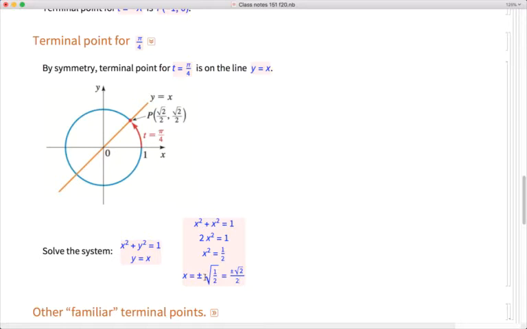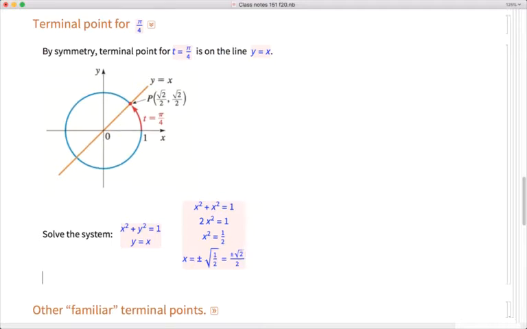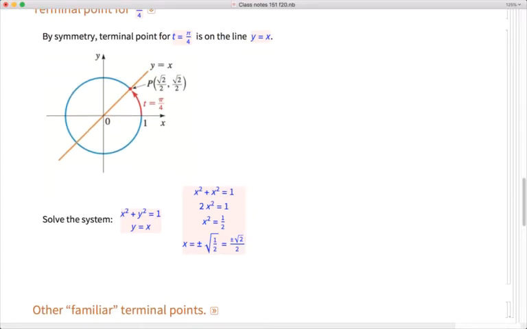So that's what the possible values of x are, and then by virtue of the fact that the points are on the equation y equals x, when x is equal to positive root 2 over 2, so is y.